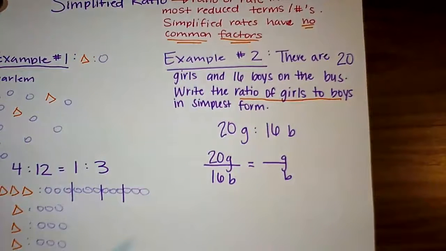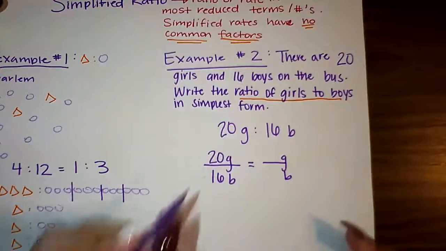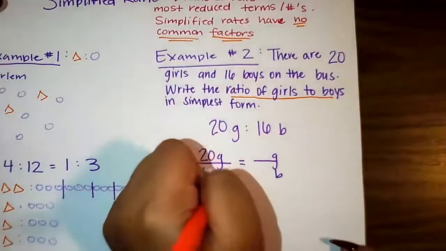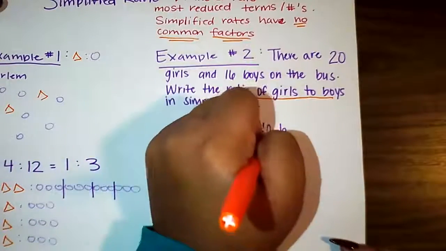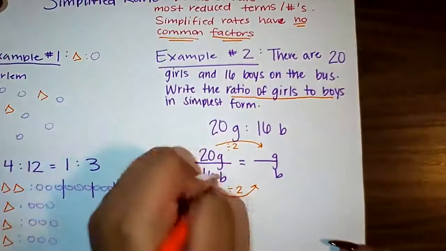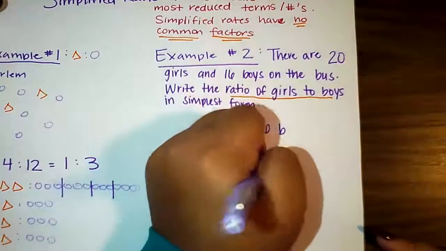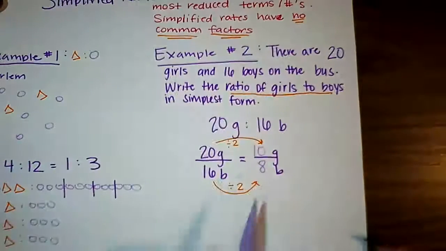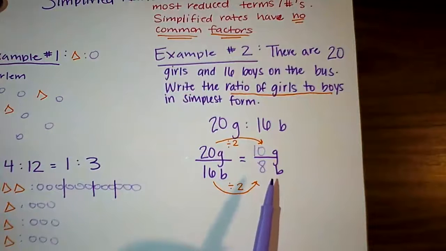I need to think, what do 20 and 16 have in common? Well, I know they're both even, so I'm going to divide by 2. 16 divided by 2 gives me 8. 20 divided by 2 gives me 10. So I now have 10 girls for every 8 boys.